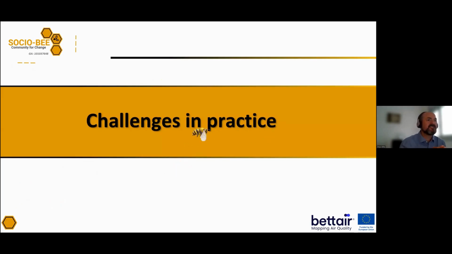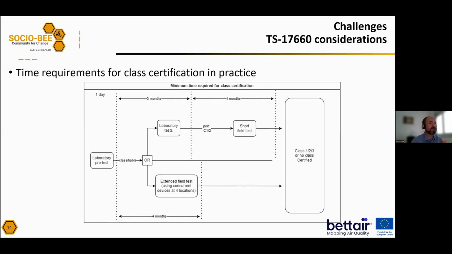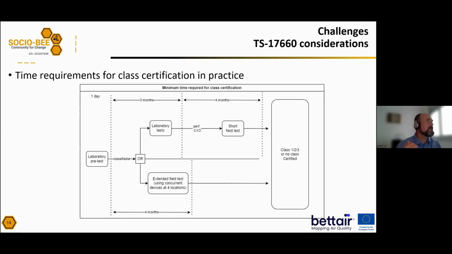Okay, what are the challenges in practice of trying to follow this approach? First of all, if one attempts to follow the technical specification to certify the devices, maybe I should have introduced the need for certification. Why do we need to certify?